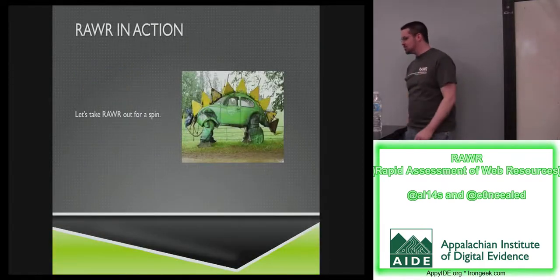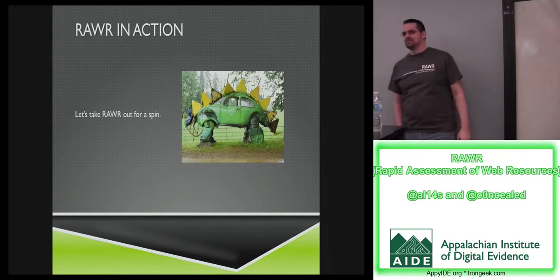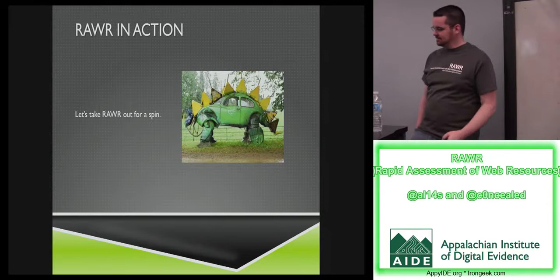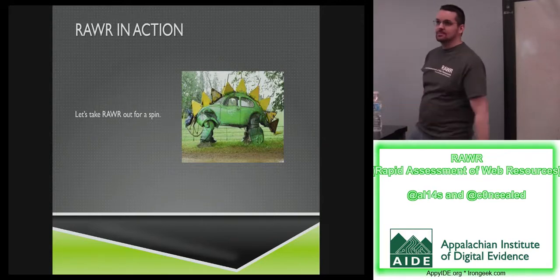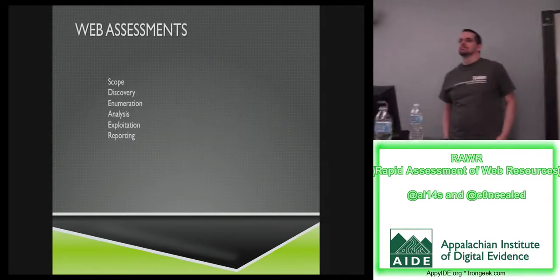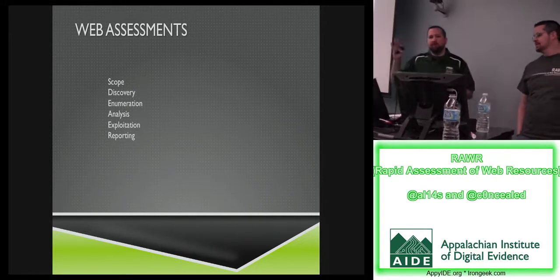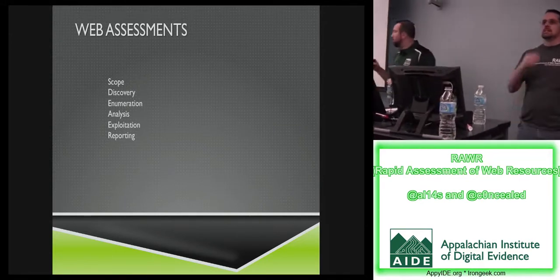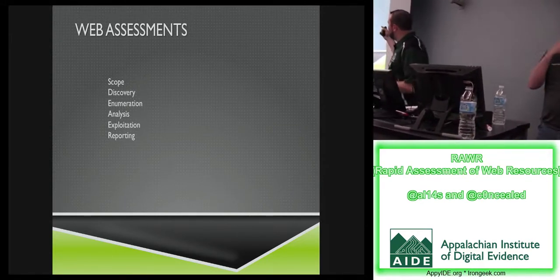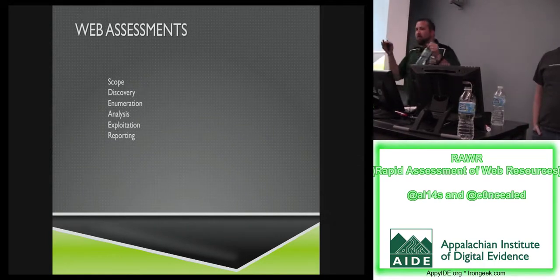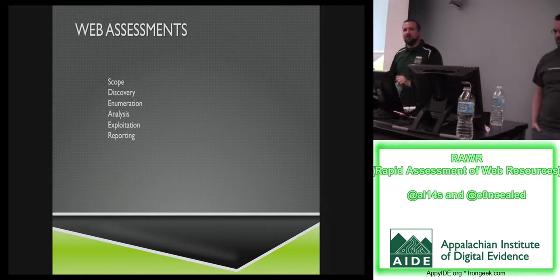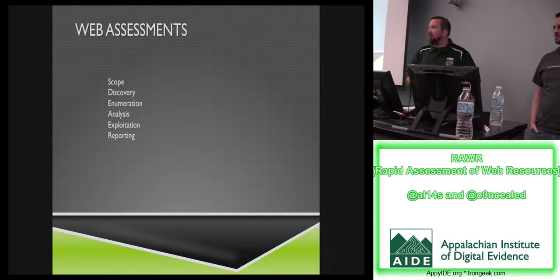So this is the point where we take it for a spin. All right, so again, we kind of already touched base on what we're going to perform as far as a penetration test. We're going to do scoping. We're going to find out what we're allowed to touch, what we're not allowed to touch, and stay within that scoped area.